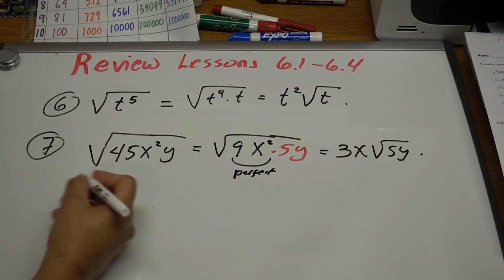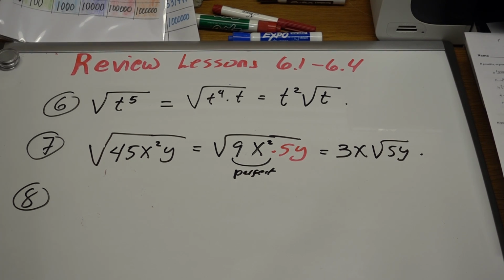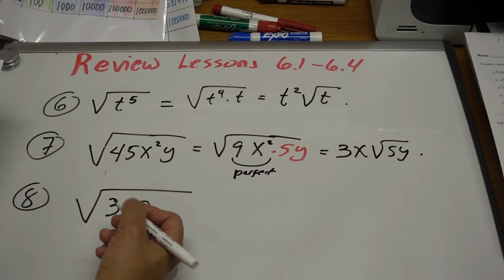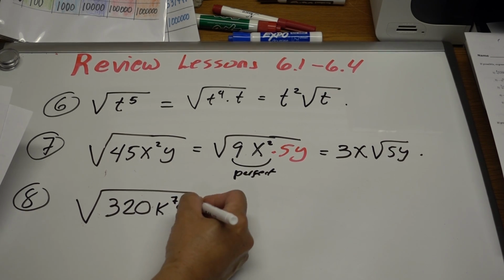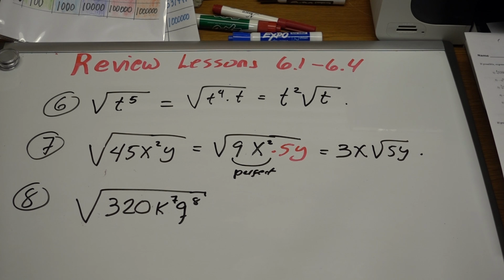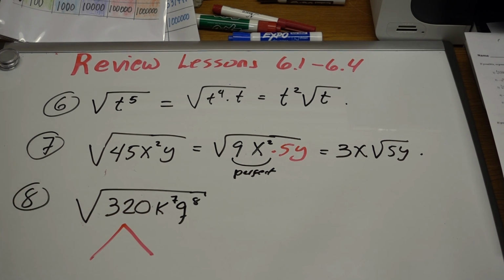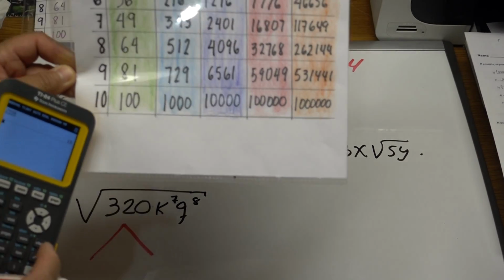Continue with number 8. Number 8 is the square root of 320 k to the 7th q to the 8th. We're going to break down 320 into 2 numbers, because if you use a calculator, 320 is not in our table, since we just have it until 100.